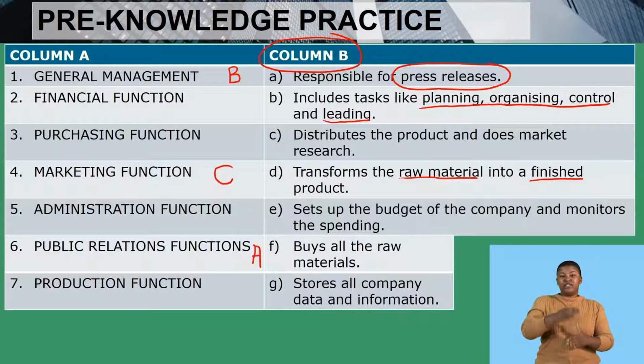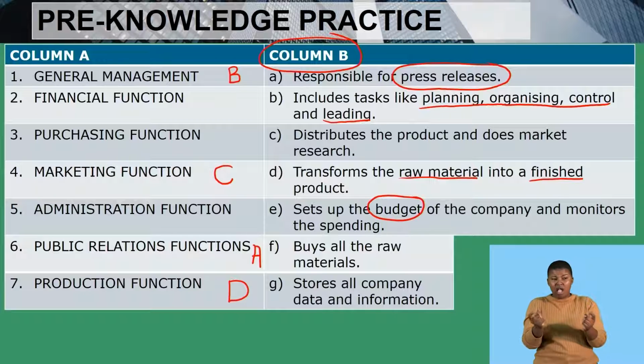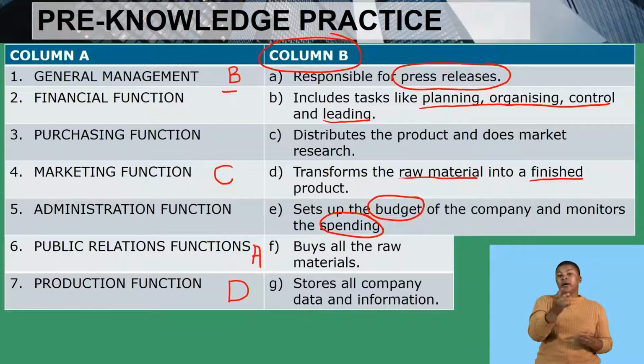So that is option 7, and we will write a D next to option 7. Then description E says it sets up the budget of the company and monitors the spending. So it's about the money, and therefore it should be the financial function. So we should go to option 2, financial function, and that answer would be E.